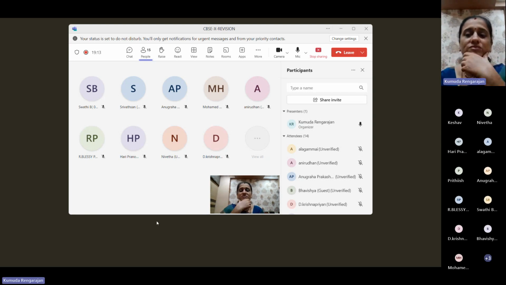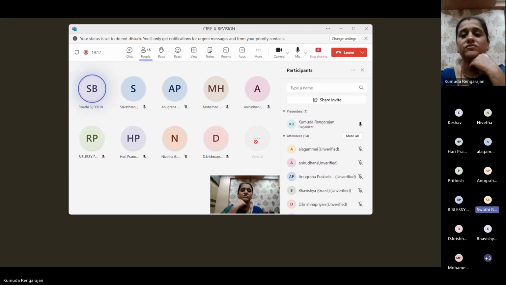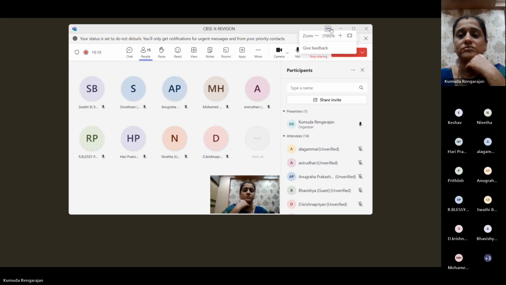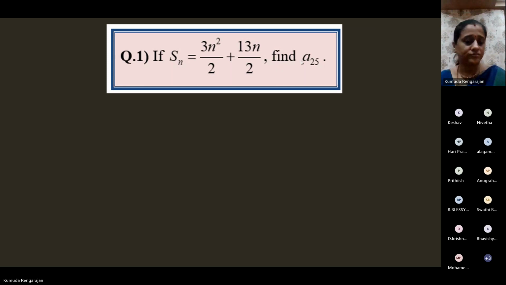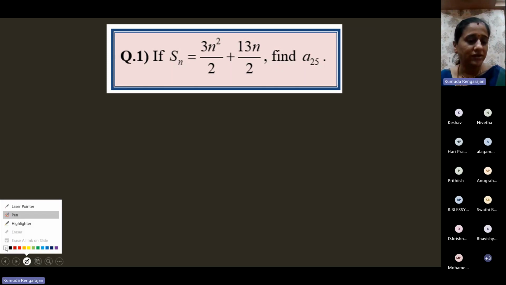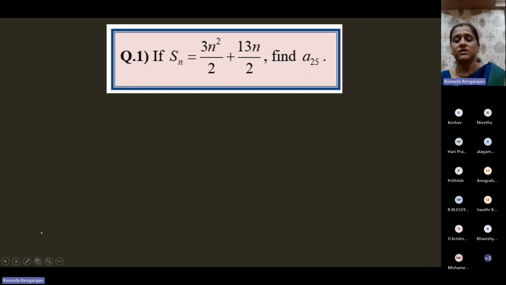I've shared my screen. Is it visible, children? Please continue working on the answer to this question. Find A25, not S25.